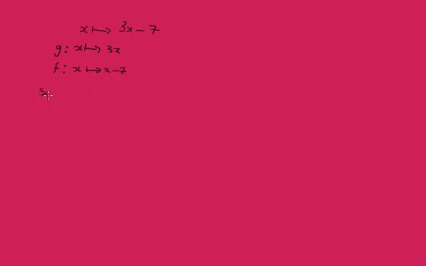So x mapped onto 3x minus 7 can be described as first do g, then do f.